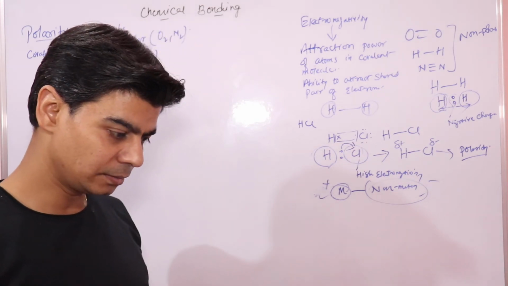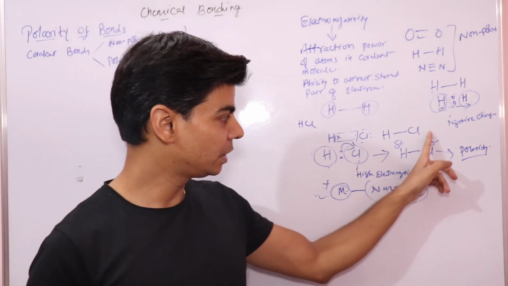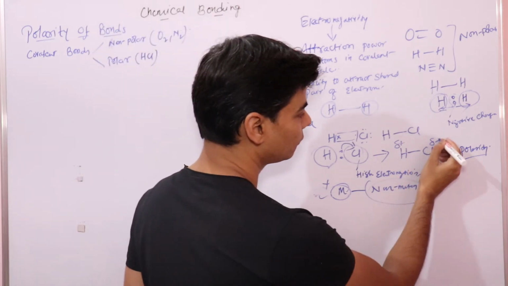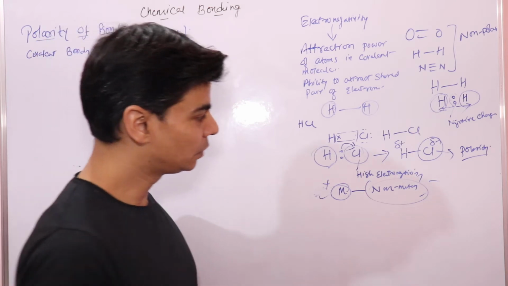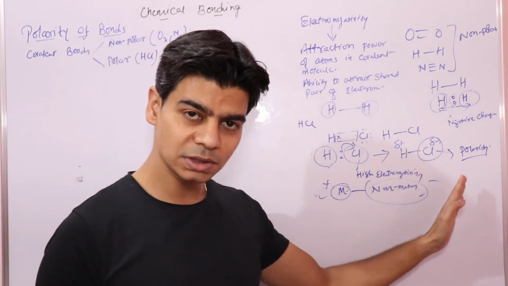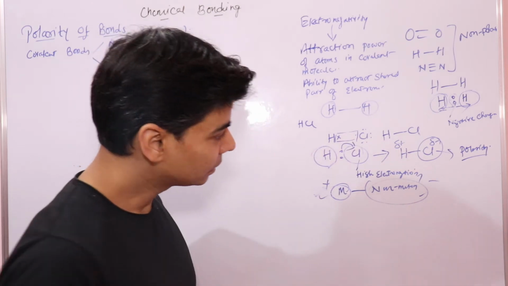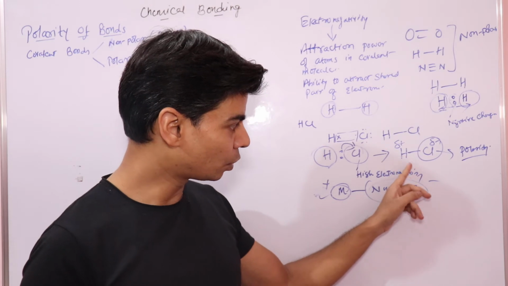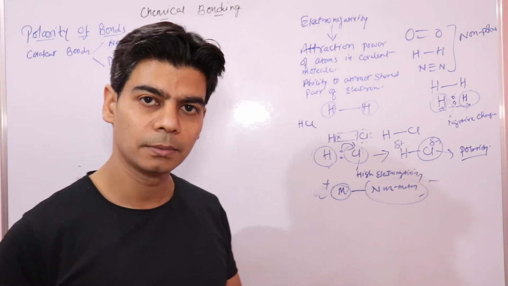And in case the electronegativity difference is too high, or the electronegativity of one of the atoms is too high, it will displace the electron bond pair towards itself to the extent that the other atom will lose control of its own electron, right?